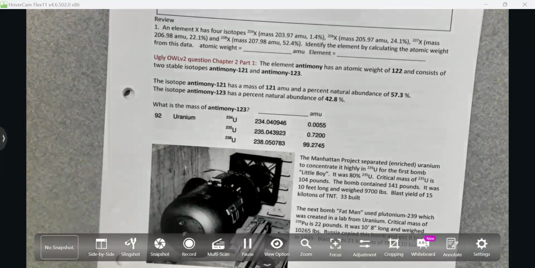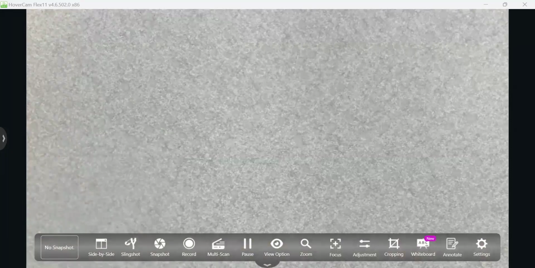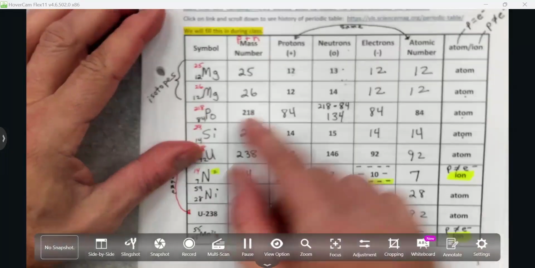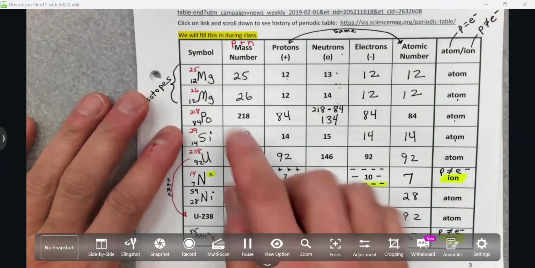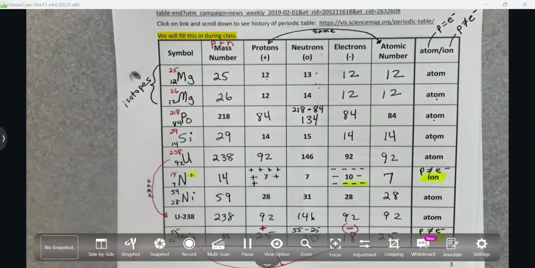What are isotopes again? Atoms of the same element, different numbers of neutrons. Therefore, you get a different mass number, correct? So the first two examples on our chart, these are isotopes.